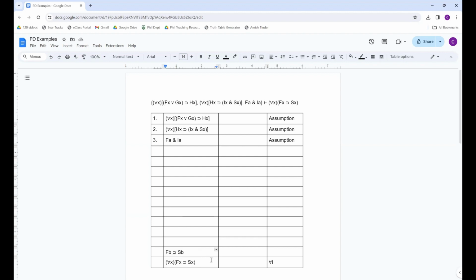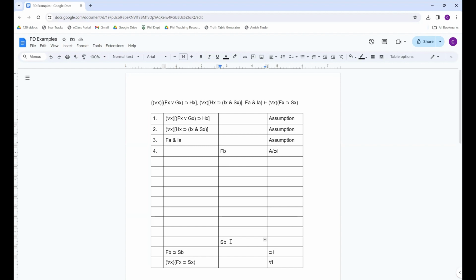This is a conditional, so we will be able to get this using conditional introduction. So we'll set up to do that. We'll assume FB for conditional introduction, and then we will derive SB.